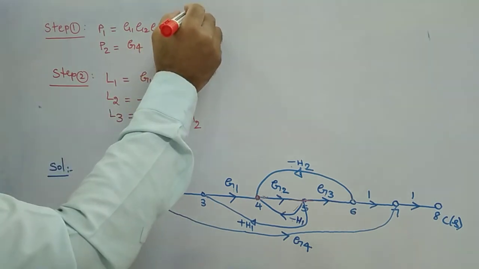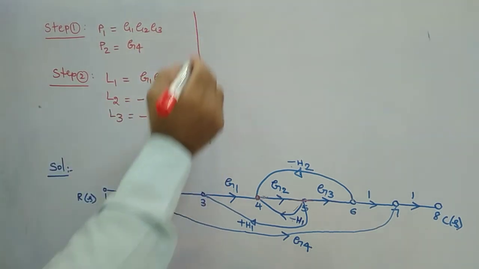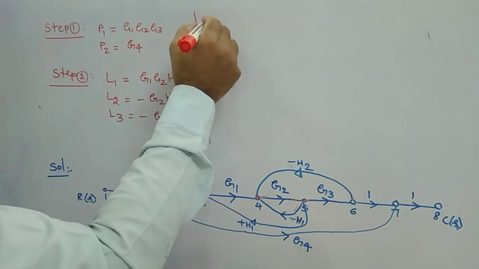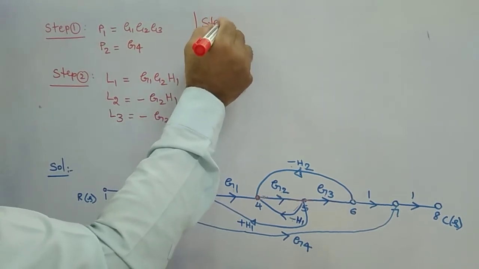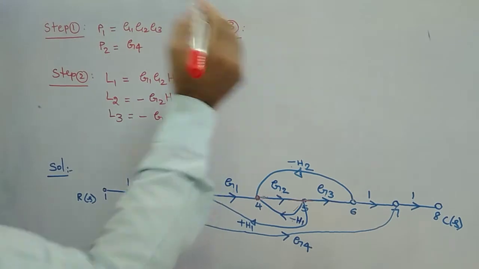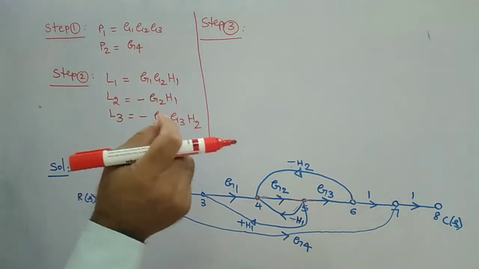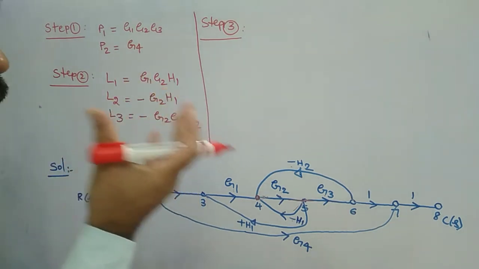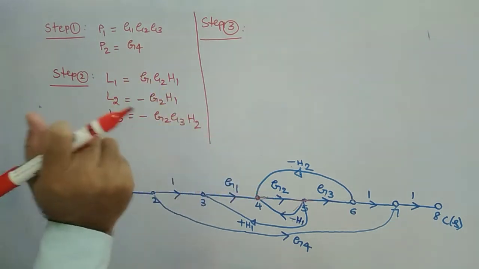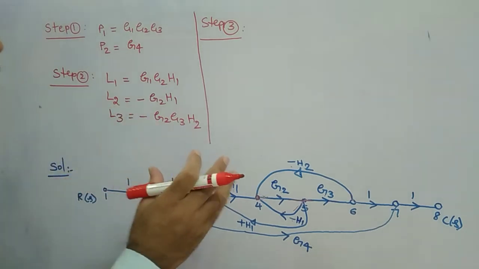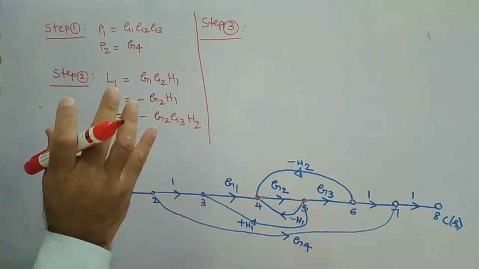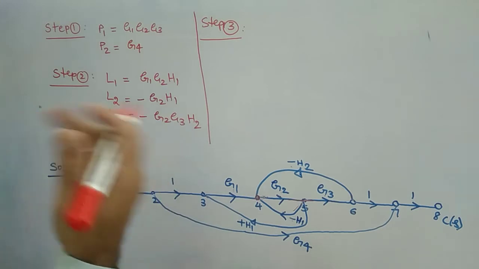Now, coming to step number 3. What is step number 3? What will we see in this? In step number 3, normally it states the number of non-touching loops.